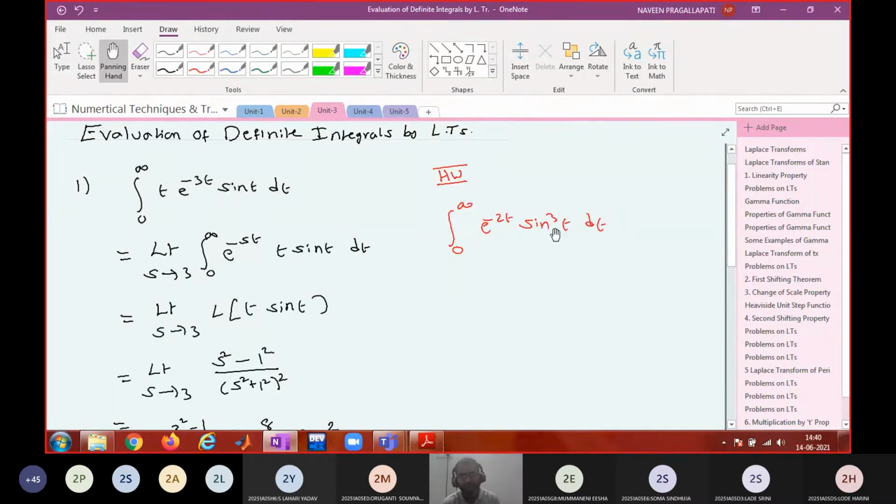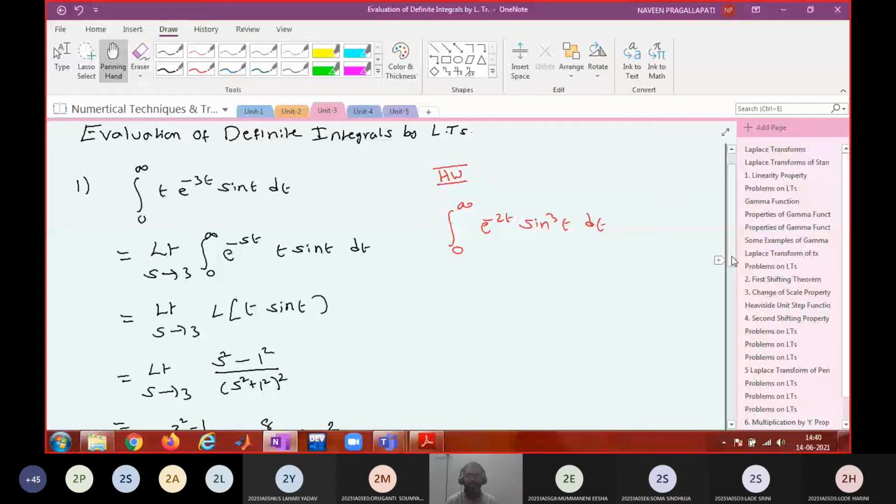Already we have seen how to find Laplace of sine cube t in earlier classes. Use the sine 3 theta formula, express sine cube theta in terms of sine 3 theta and sine theta, and then apply linearity and find each Laplace transform. To the transform, apply s tending to 2. Is that fine?